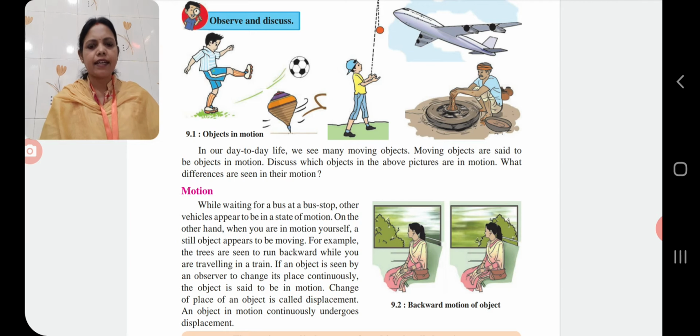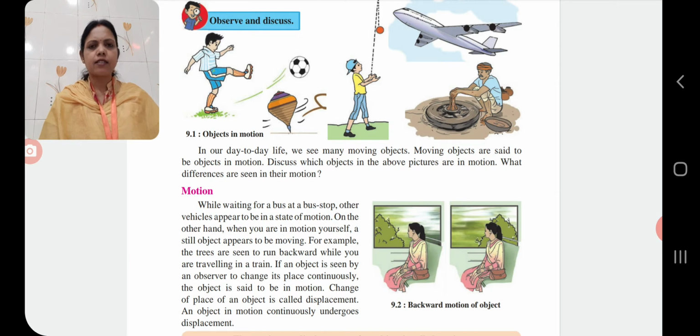On the other hand, when you are in motion yourself, a still object appears to be moving. For example, the trees are seen to run backward while you are traveling in a train. If an object is seen by an observer to change its place continuously, the object is said to be in motion.